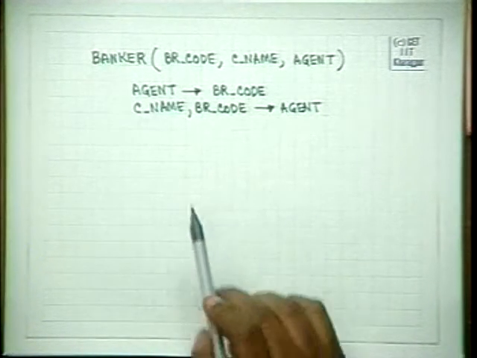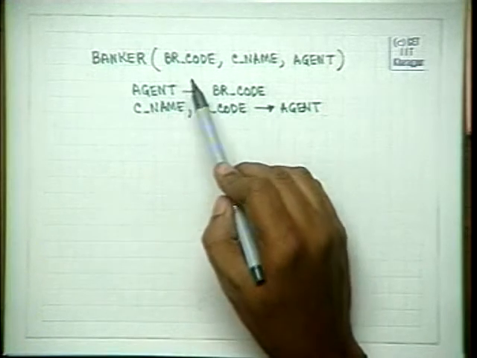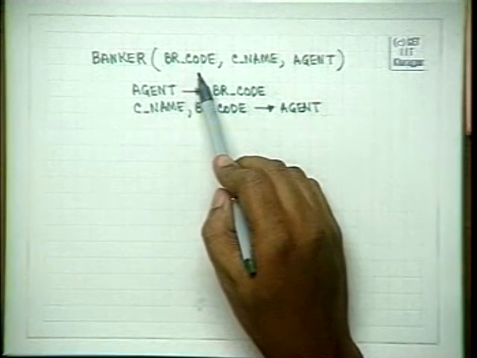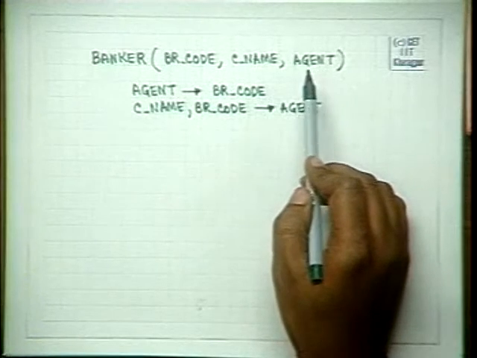We have got a banker relationship scheme, which has the branch code, the customer name, and the agent.